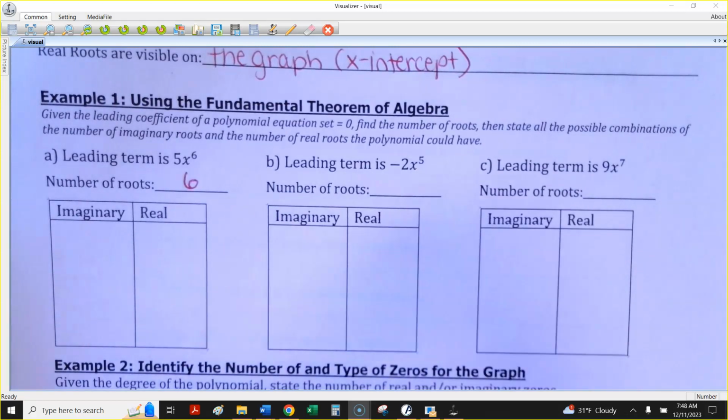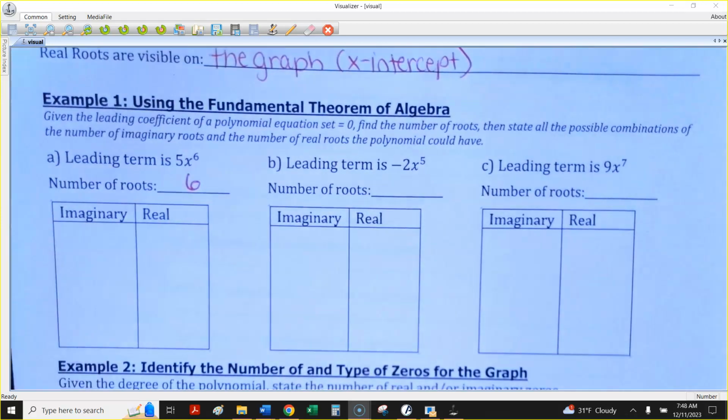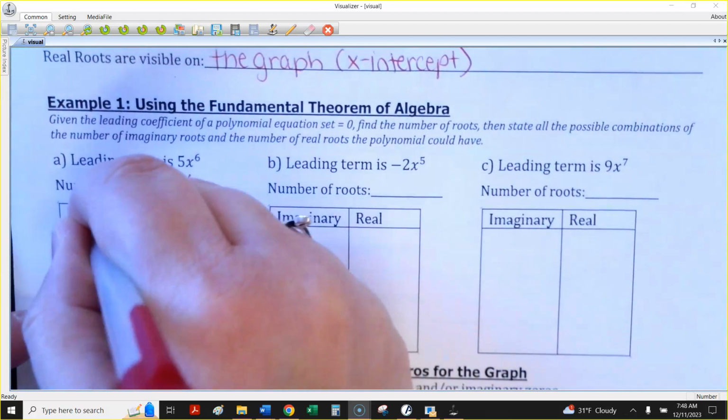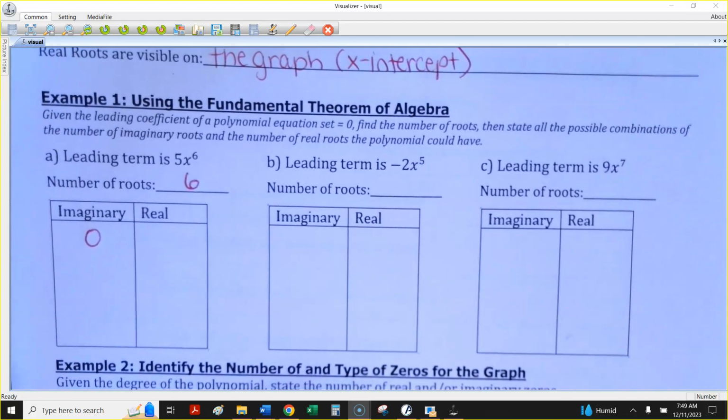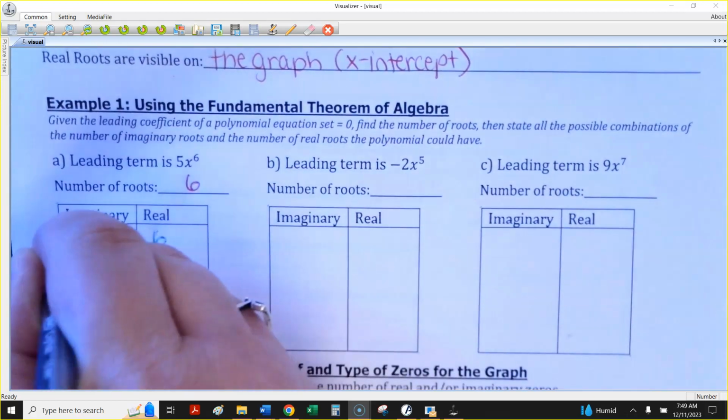So it's possible, if I'm going to have 6 of these zeros, that none of them are imaginary. If none of them are imaginary, how many real would I have to have? 6, okay? Does that make sense? So that would be one way that could shake out.